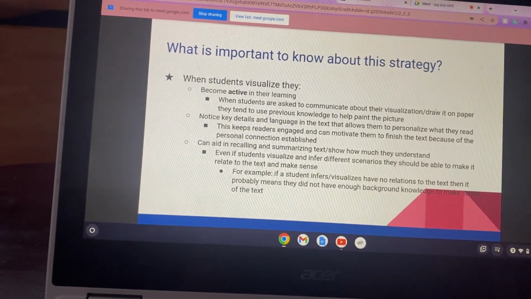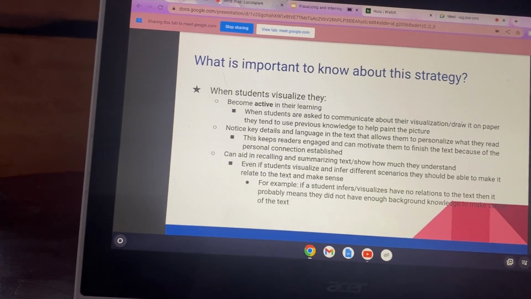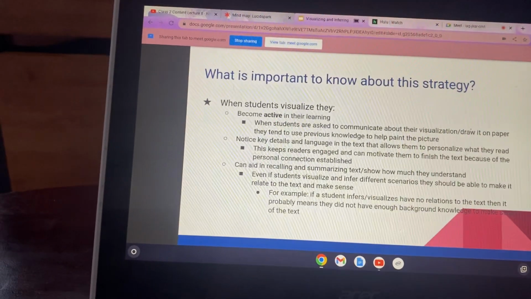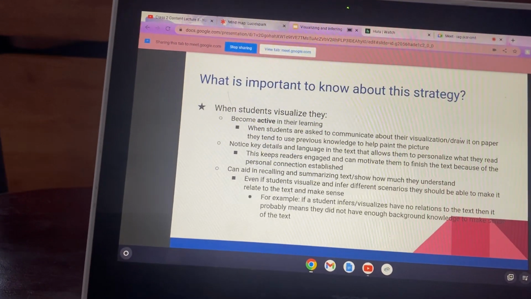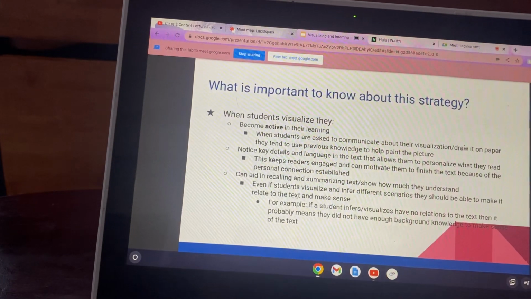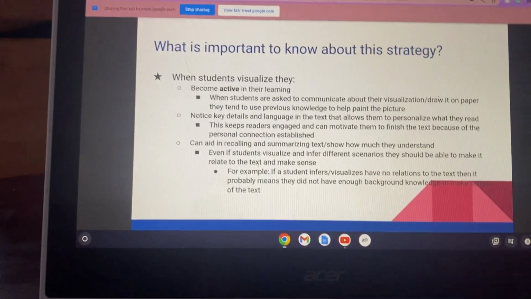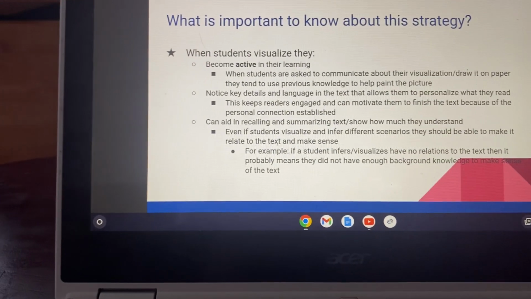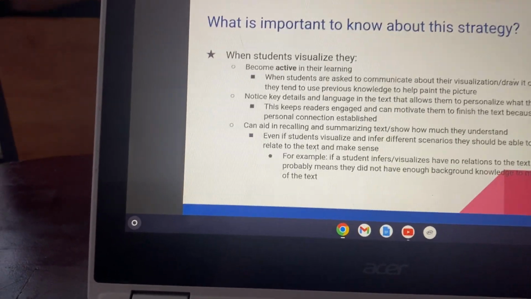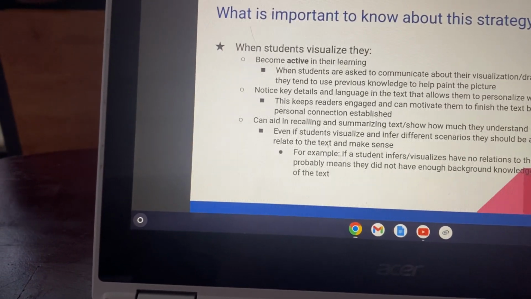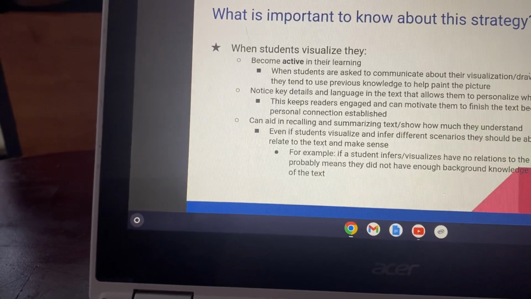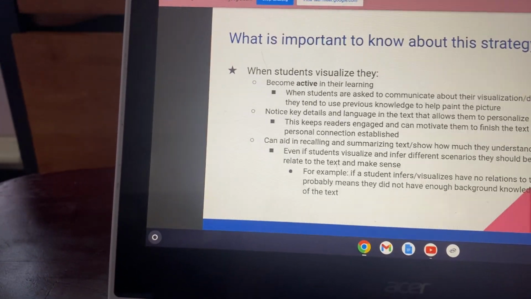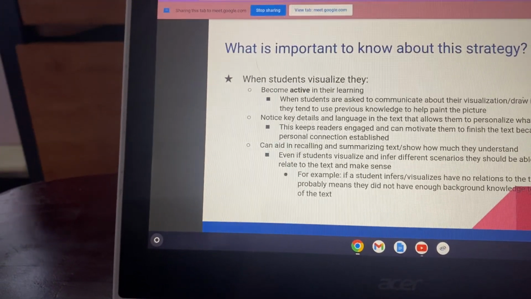So when students are asked to communicate about their visualization, if they draw it on paper, if they talk to their neighbors about it, the pictures they paint, or the ways they describe their visualization to their neighbors, is a way for them to use previous knowledge and help paint that picture.